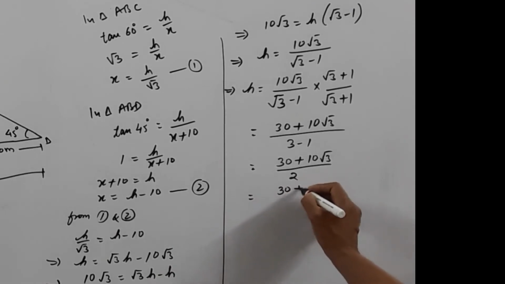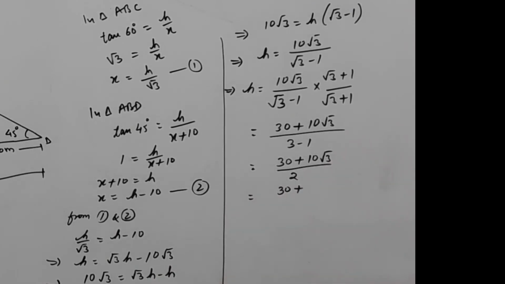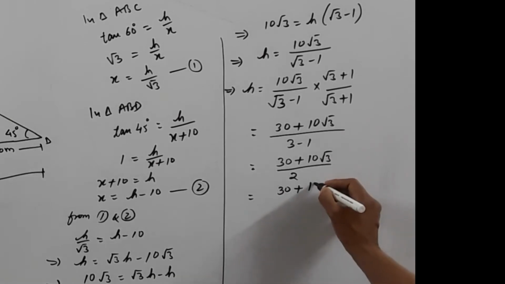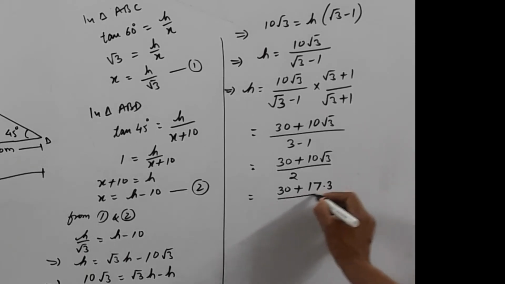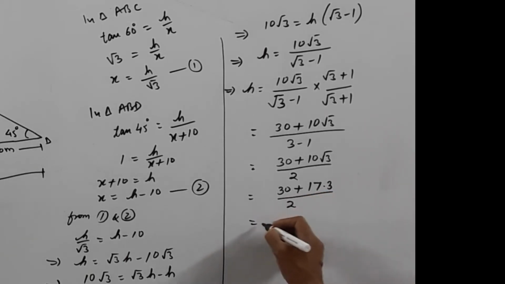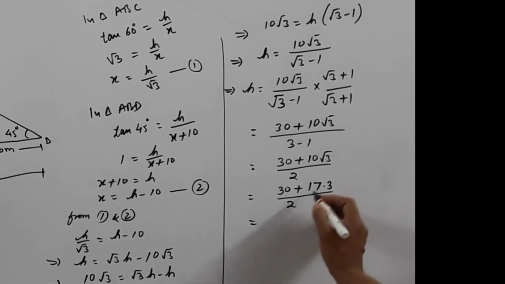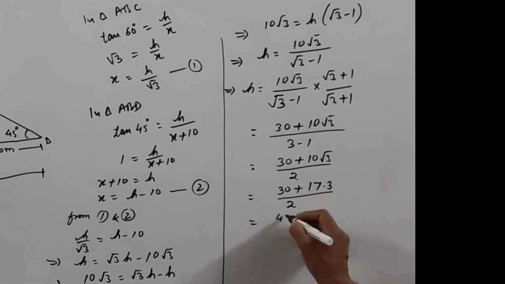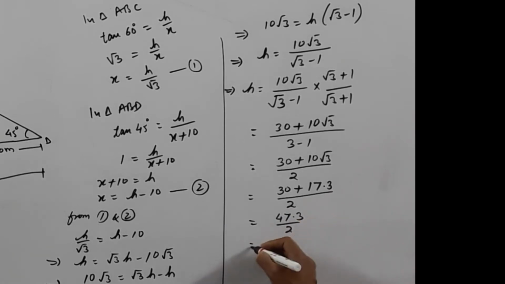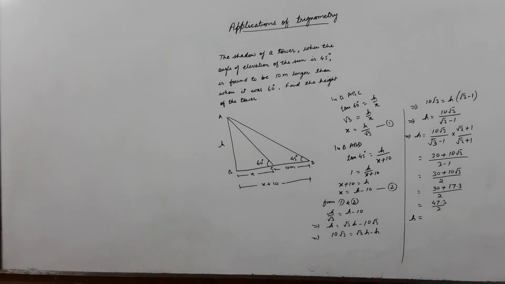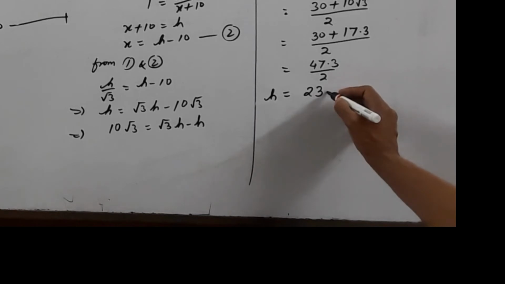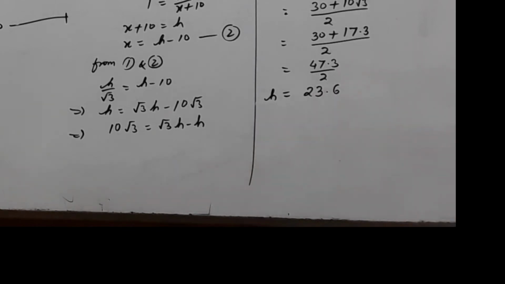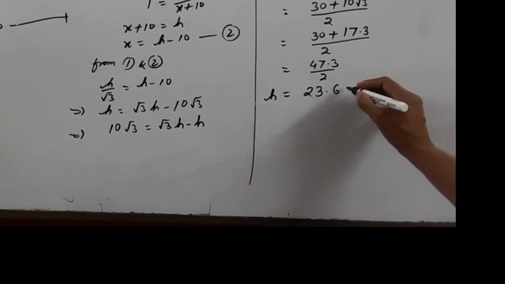This is 30 plus root 3, 1.73, into 10, so 17.3 plus 30 upon 2, or h is equal to 47.3 upon 2, h is equal to 23.6 meter approximately.